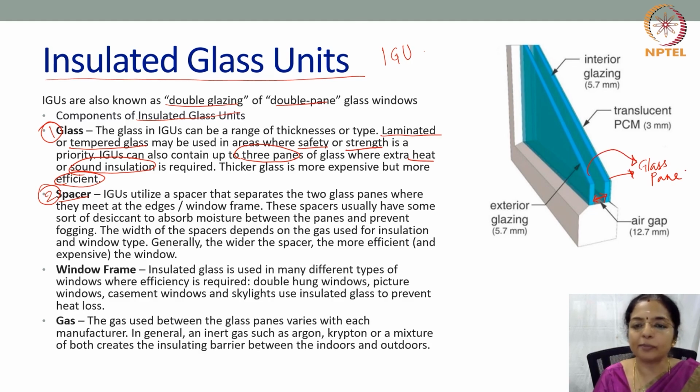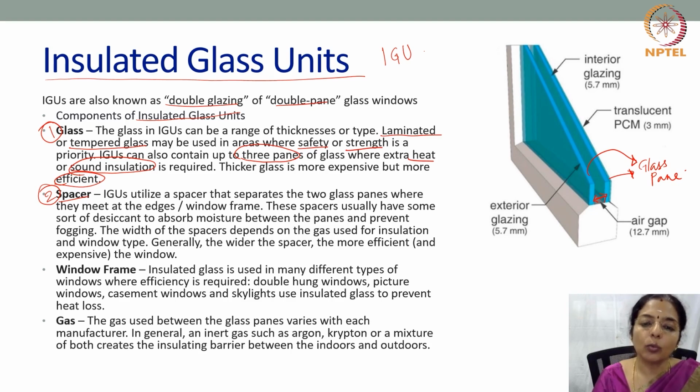You need a spacer and this spacer usually has some sort of desiccant to absorb the moisture between the panes and prevent fogging. The width of the spacer depends on the gas used for insulation and the window type.